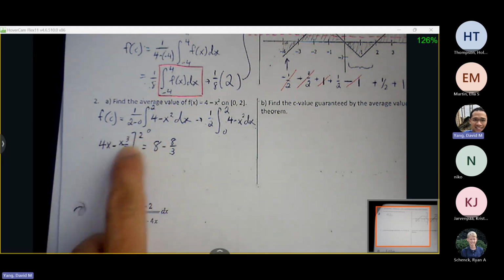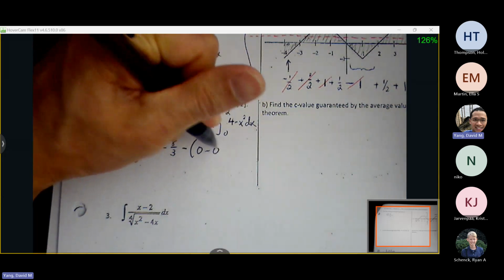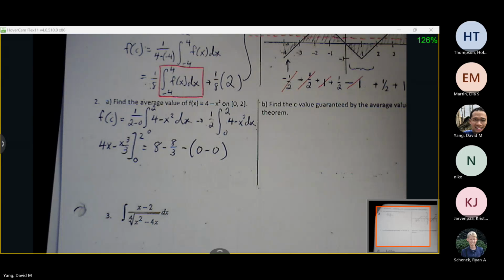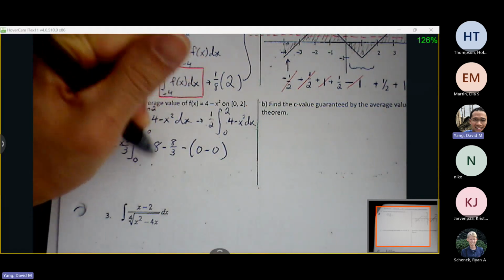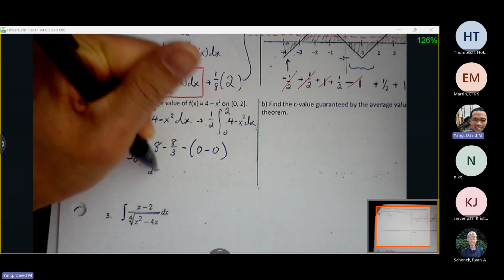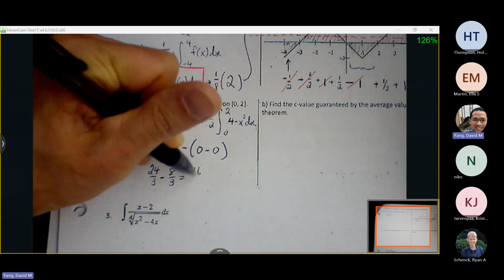Plug in the upper bound, 8 minus 8/3, 2 cubed over 3, 8/3, minus, parentheses, 0 minus 0. To clean this up, 8 minus 8/3 is the same thing as 24/3 minus 8/3, which is 16/3.